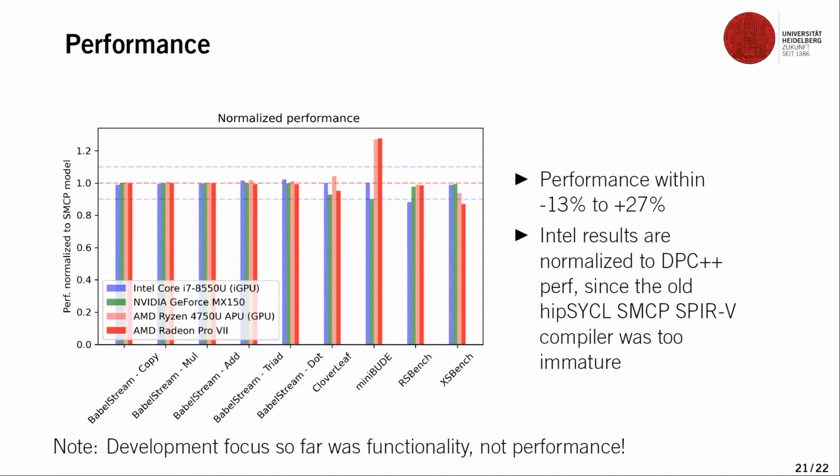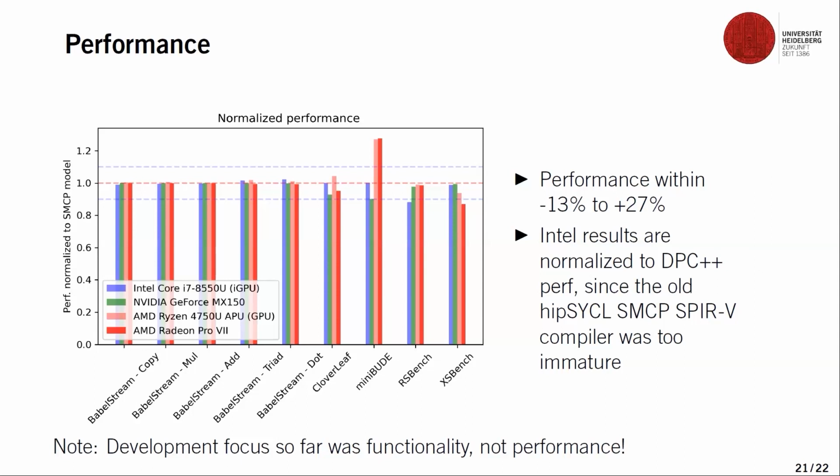And what you can see here is that in most cases, we are within 10% to the existing compilation flows. But there are also cases where we outperform the existing compilation flow. And so overall, we are within -13% to +27%.